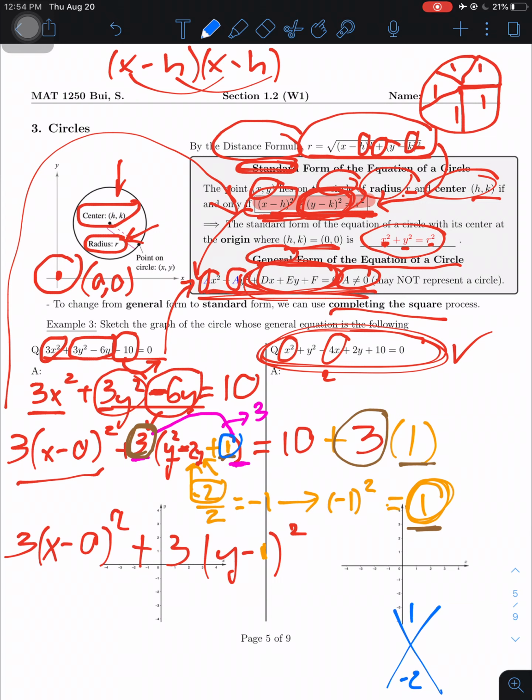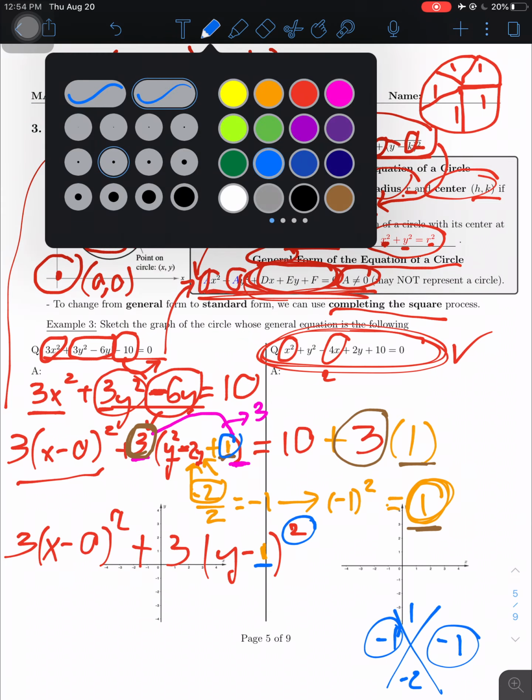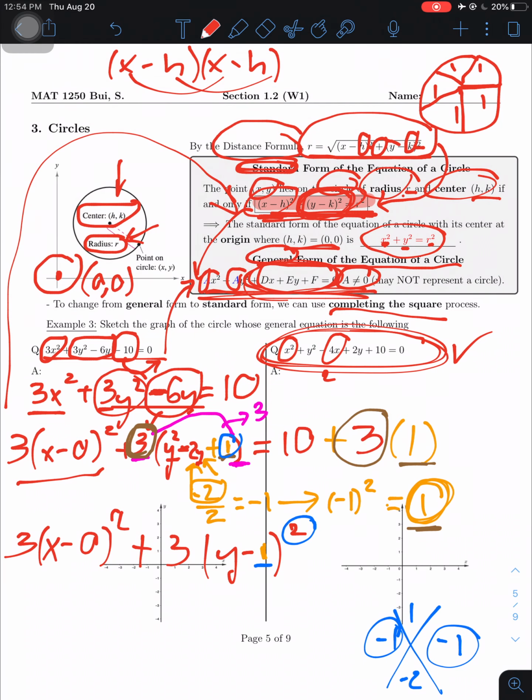What are they, right? -1 and -1. -1 times -1 is 1. -1 plus -1 is -2. So we have -1 in here, -1 in here. Ta-da! That's how I prefer to think about it. Okay, but there are two ways to think about it. Whichever way you want to think about it is fine.